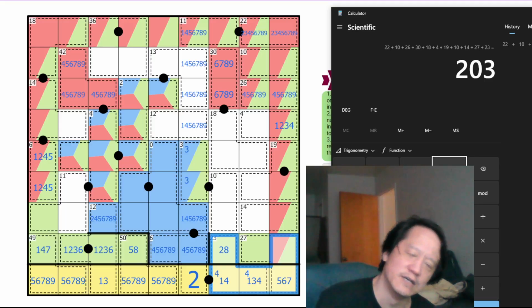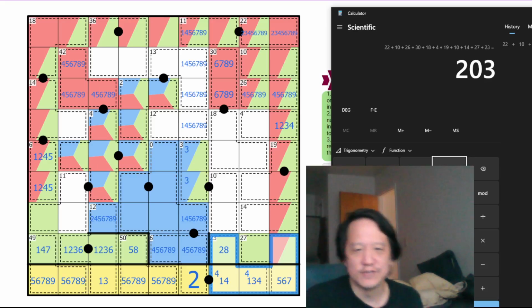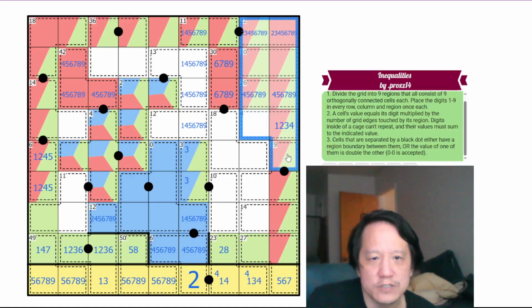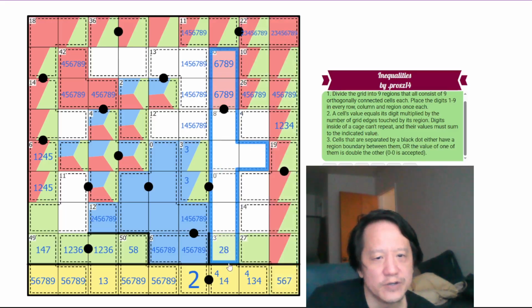Okay. I don't know if that's helpful. What about just columns, all the digits? Oh, that's interesting. This is very restrictive.